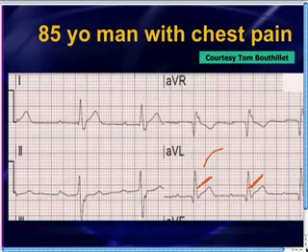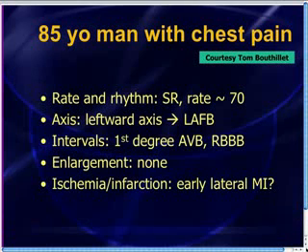Whenever you see straightening of the initial part of that T wave, you've got to worry that you might be looking at early ischemia. And now we add on the fact that there's a little bit of ST elevation in those leads. Gosh, we've got to worry that this person might be having an early high lateral wall infarction, and maybe that ST depression in the inferior leads is reciprocal.